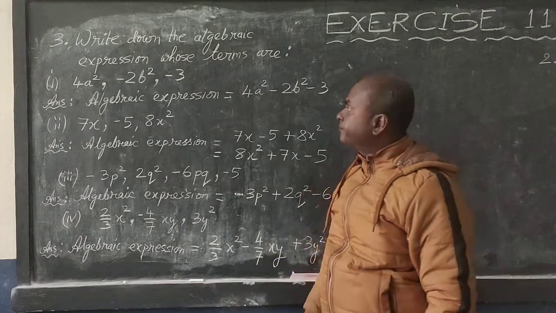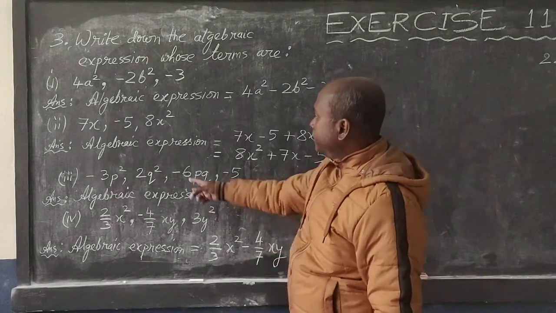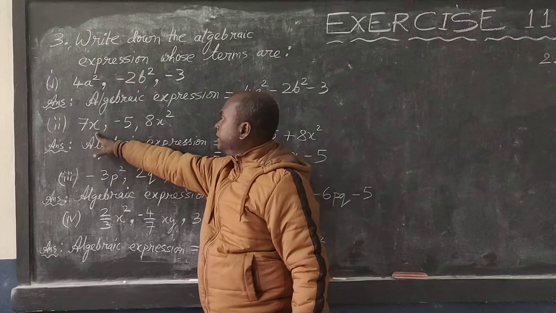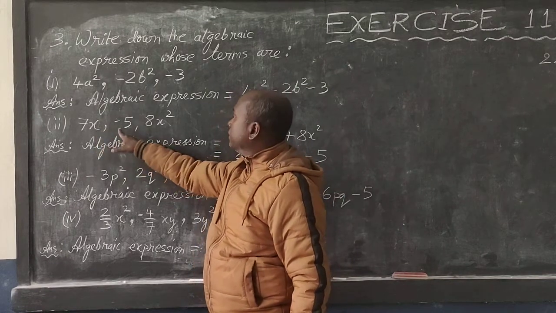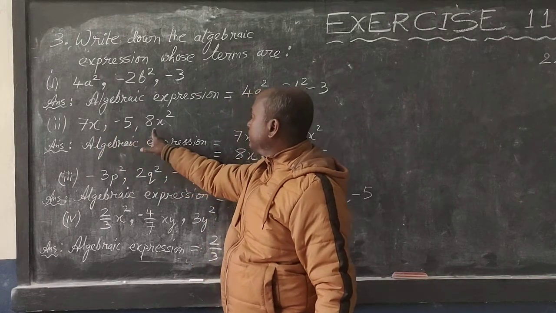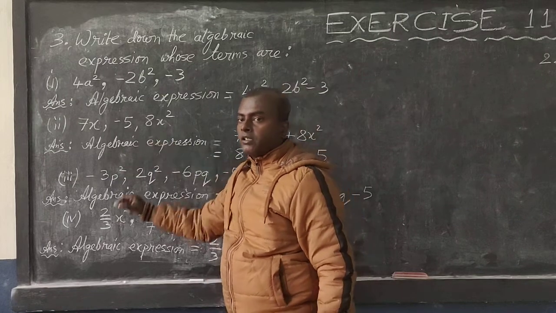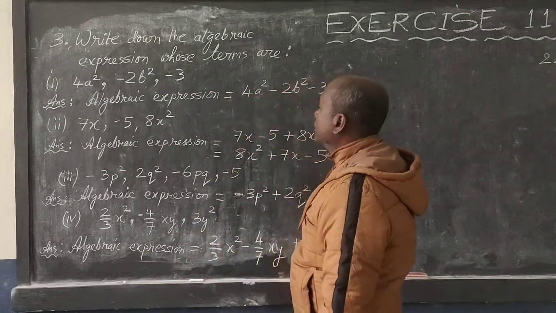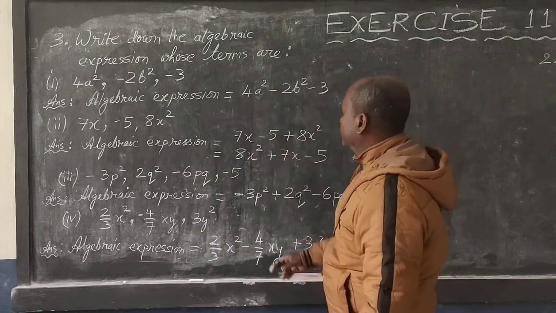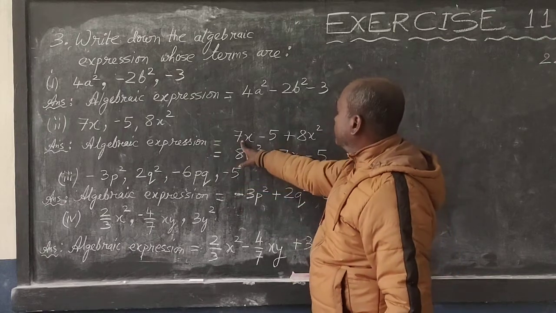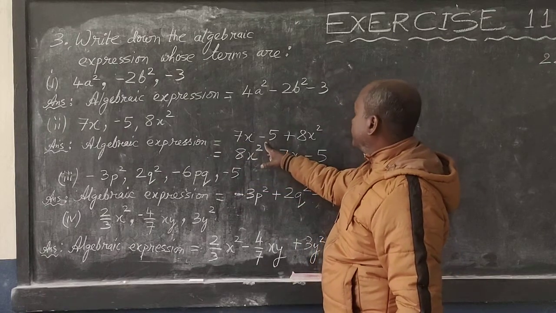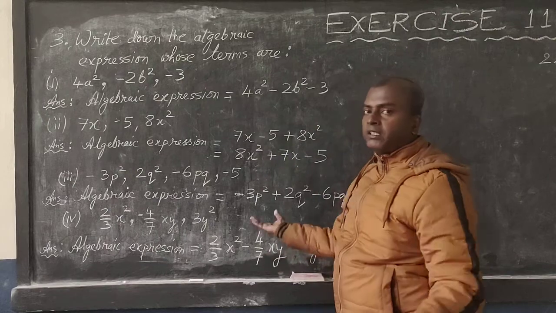That's about it. The next one, you have 7x is one term, 5 another term, 8x square is another term. 3 terms are given. Combine them, remove the commas, then you will have 7x minus 5 plus 8x square. That's it.